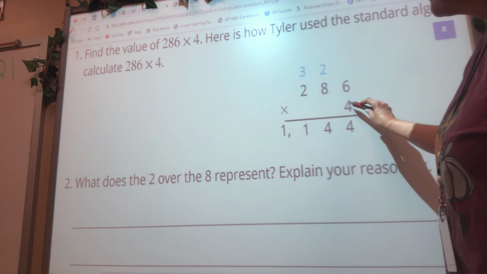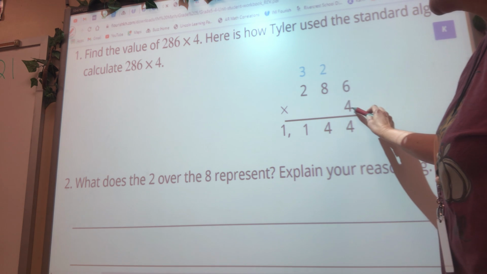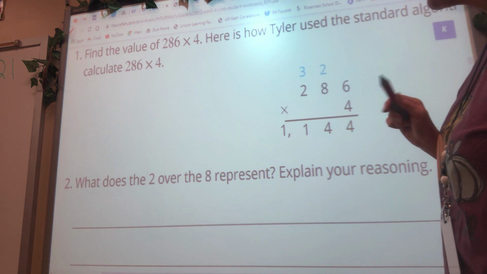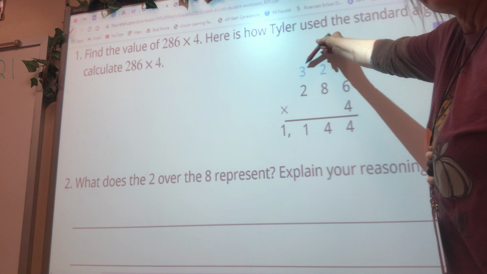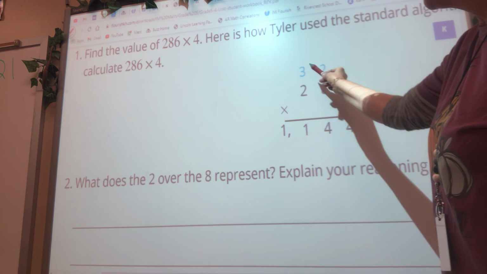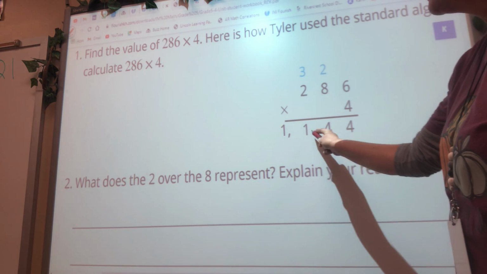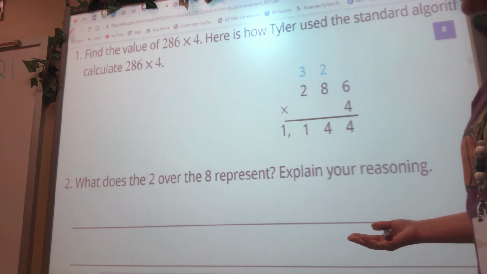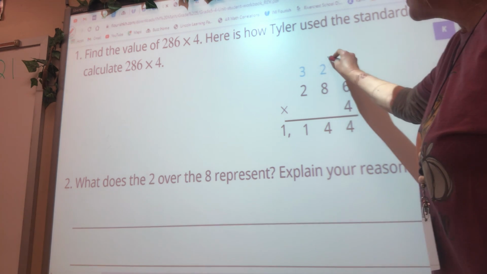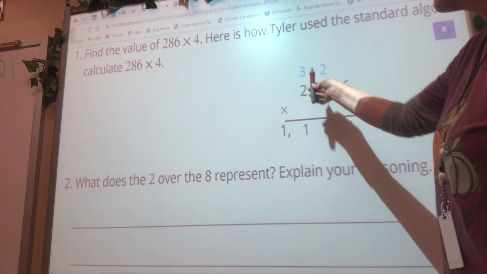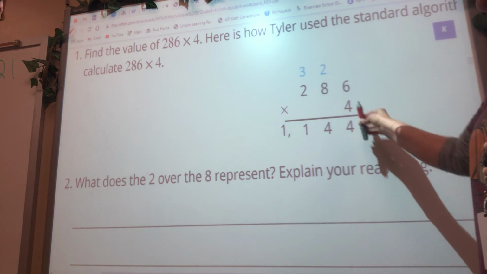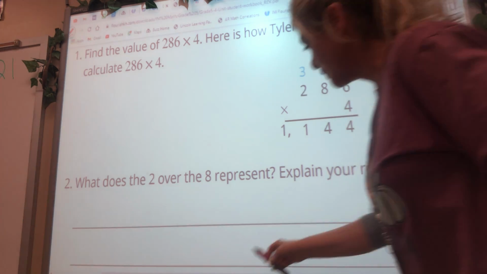And then finally we multiply 4 times 2, which is 8. He carried over the 3, so 8 plus 3 is 11. So that's how he got his final answer, and these represent what place value we've carried over from the previous multiplication fact.